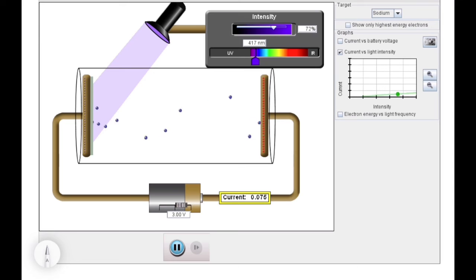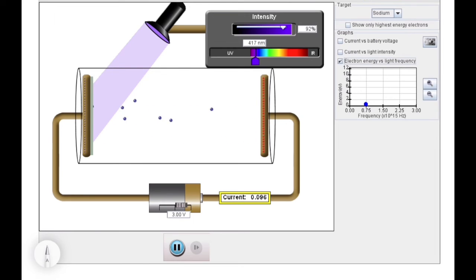That means current and intensity are linearly increased. And the last one, what happens if we increase the frequency? So the electron energy will be higher. So electron energy and light frequency are linearly increased.